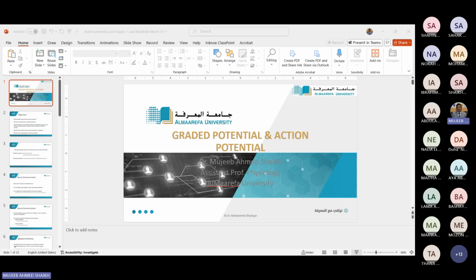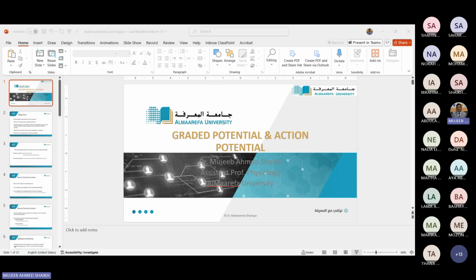And it is not only at one place. Once it is produced, it travels from one area to another area, in the muscle also, or in the nerve also. This is the property of action potential.